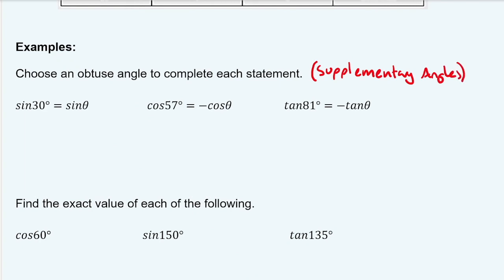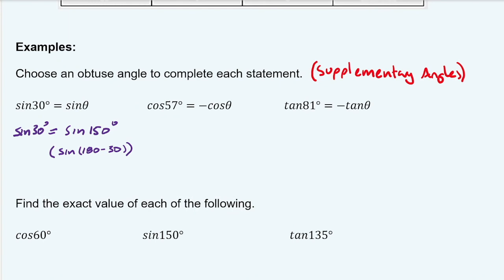Sine of 30, well, it's 180 minus 30, so it's going to be 150. Okay, so that's just what we're doing.